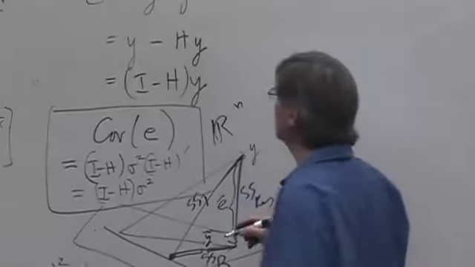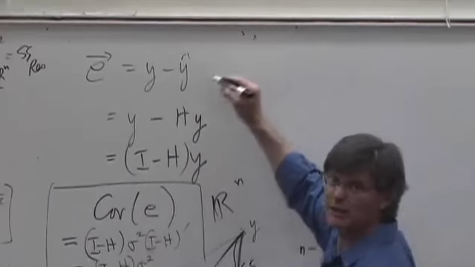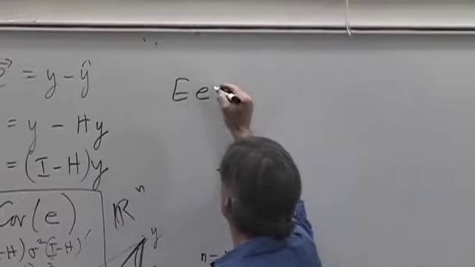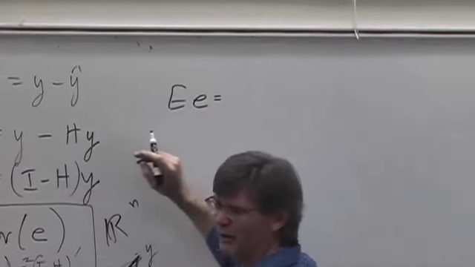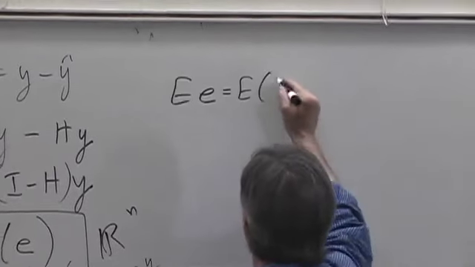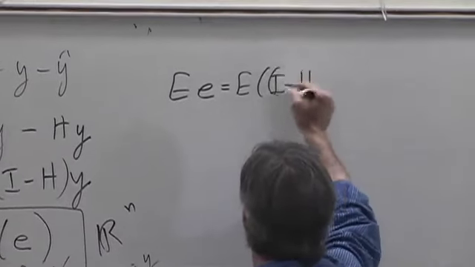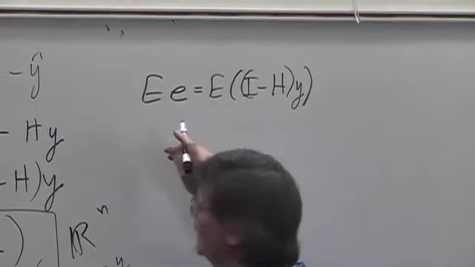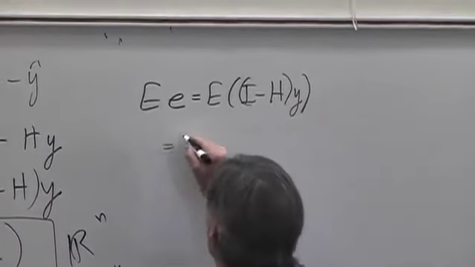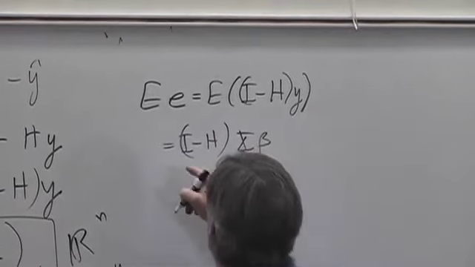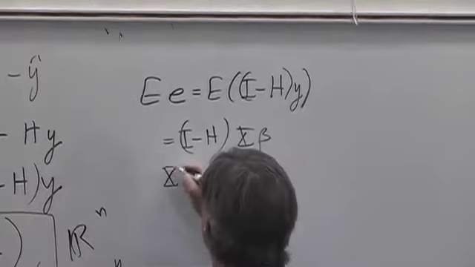The expectation of e. Wasn't that 0 before? Yeah, I think it should still be 0. That's the expectation of I minus h times y. I know this is a lot of calculation, but you can do it on your own. Again, I use my handy formulas. That's I minus h times the expectation of y, which is x beta.